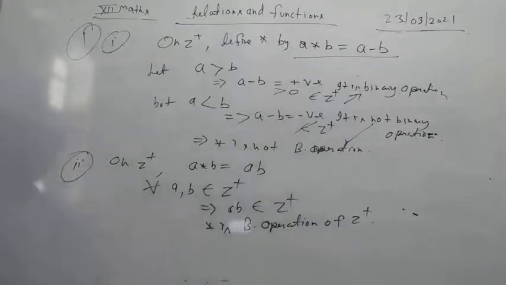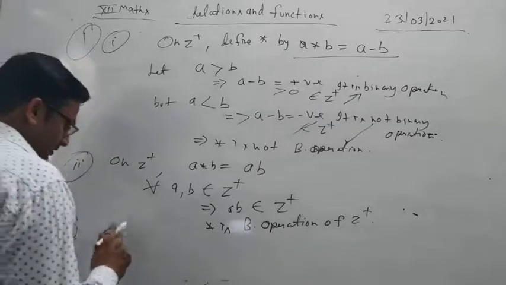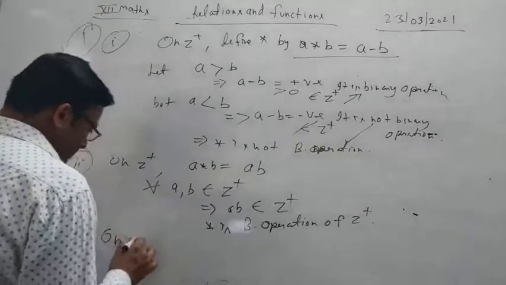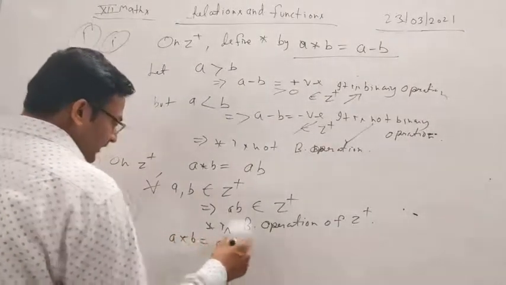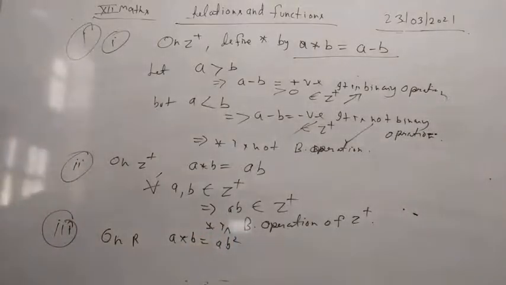Now its third part, students. On R, A star B is equal to AB square. Okay students.